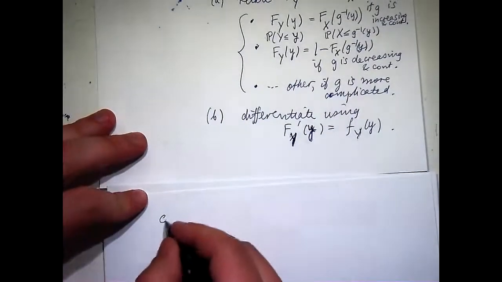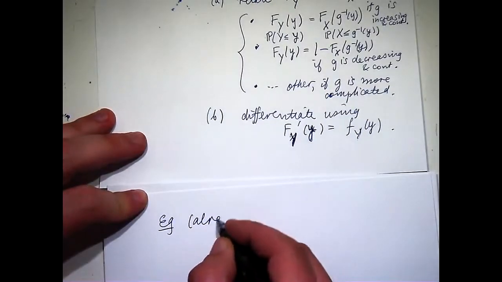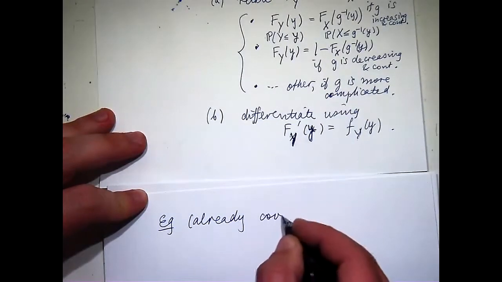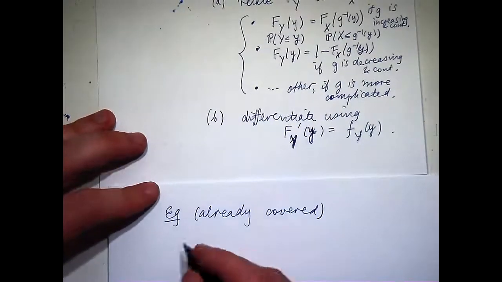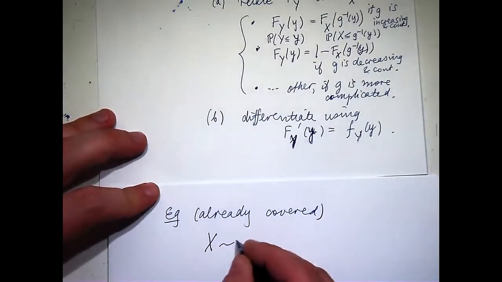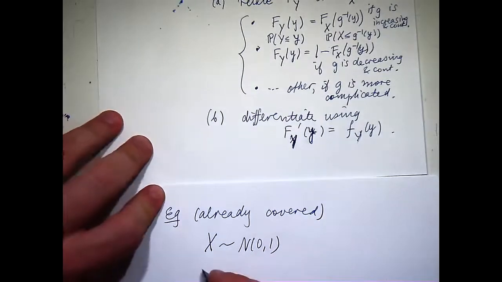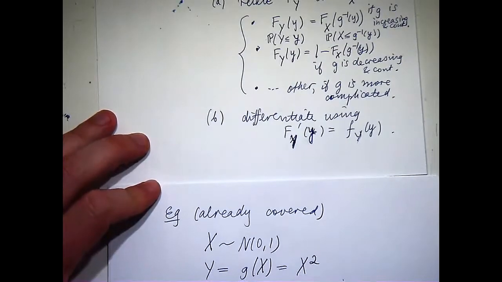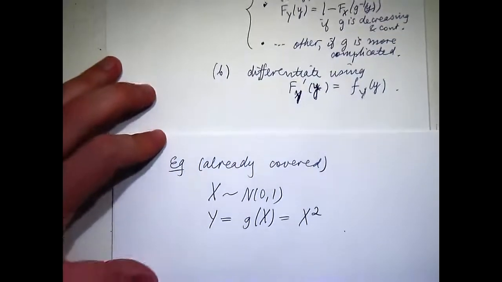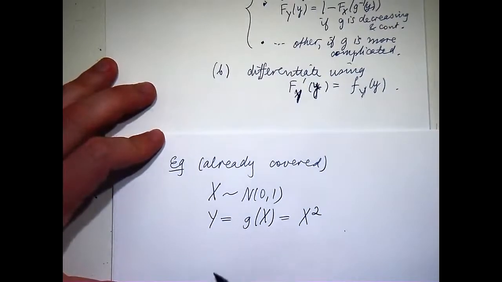So the example, which was already covered, but I'll reiterate since it's a perfect spitting image of this method, is that X is going to be normal 0, 1 in this example. Y is defined in this case to be a function of X, which is X squared. Okay, so very concrete. And how does that behave?